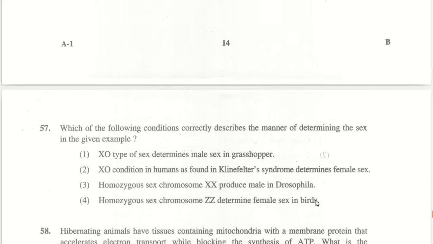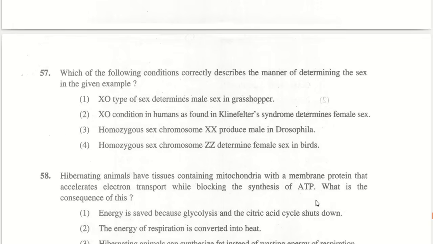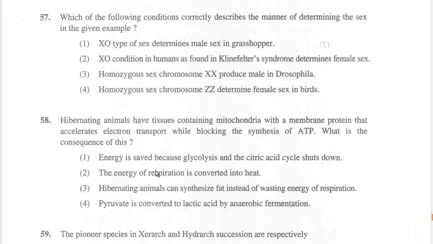57. Which of the following condition correctly describes the manner of determining the sex in the given example? XO type of sex determination gives male sex in grasshopper. So that is a correct example, correct choice. 58.